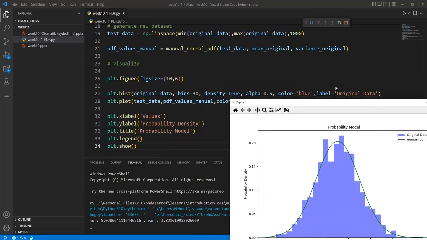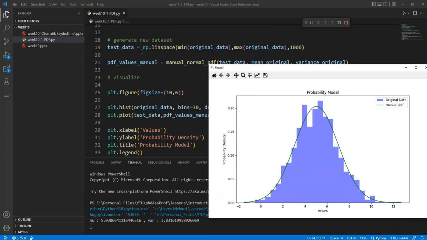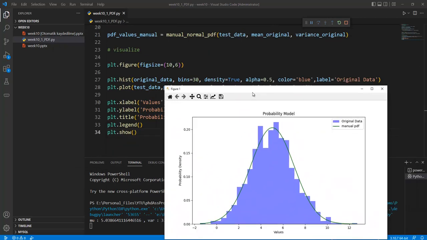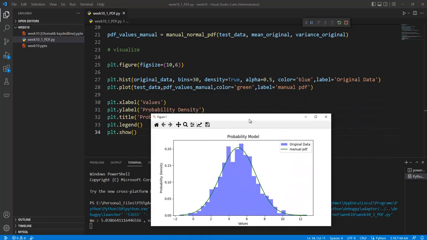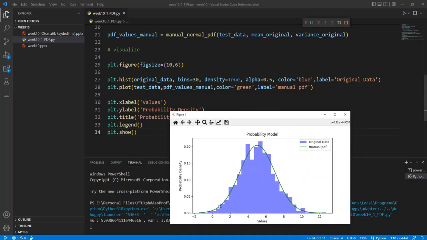Firstly, you need to see that the test data is given in here, but in this original data there are histogram values, right? This is the histogram of this data. But if we take the new test data, not the original data, we have the same kind of probability rate at this time.